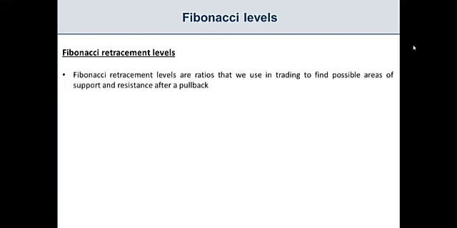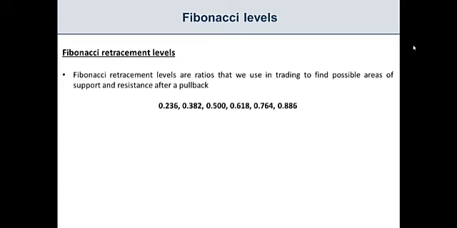Now let's get to the actual Fibonacci retracement levels and extension levels. First of all, the retracement levels. Fibonacci retracement levels are ratios that we use in trading to find possible areas of support and resistance after a pullback.